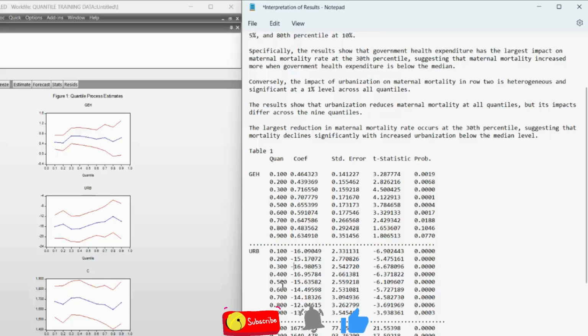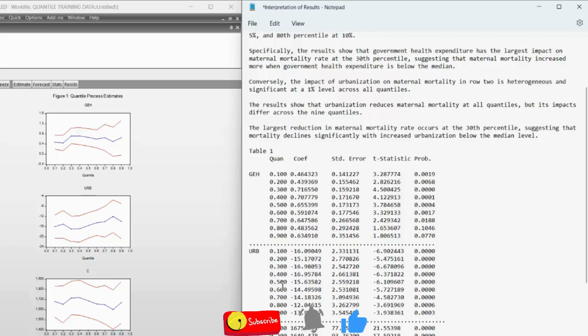So this is how to interpret your results. What next is to compare your results with the literature. Is this result aligned with the findings of other scholars? If yes, you let us know. Is it aligned with the theoretical prediction?